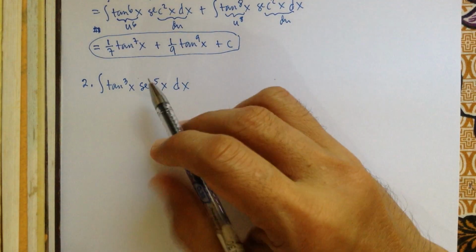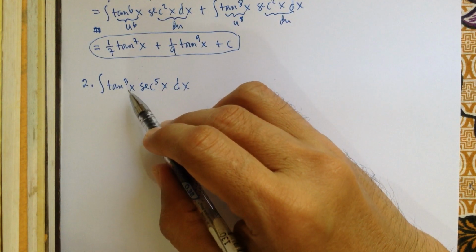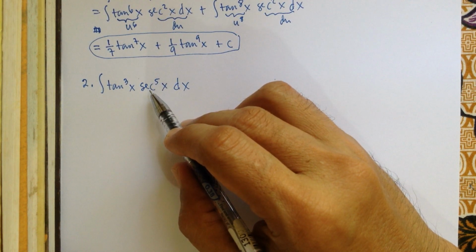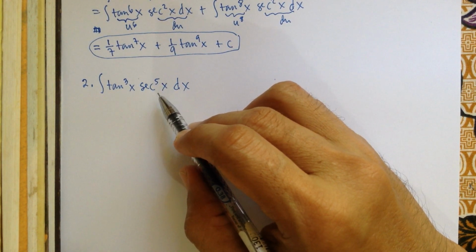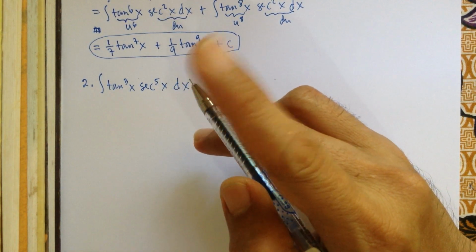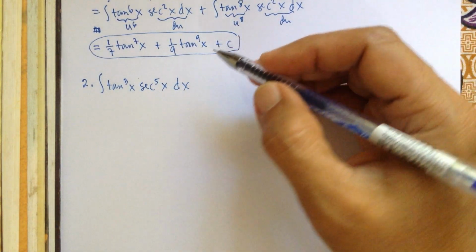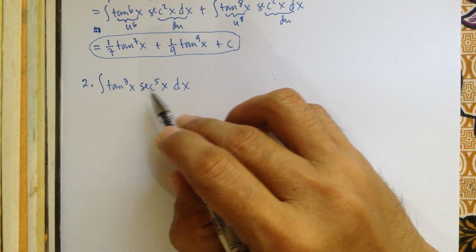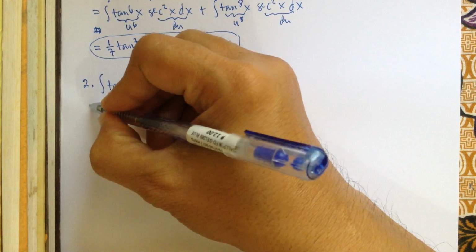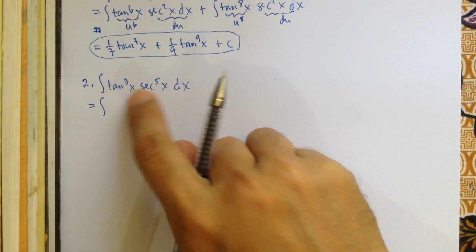Okay. When the exponent of your tangent is odd, then we will use secant as our u. But if your u is secant, the derivative of that, which is du, is secant x tangent x. So that means that we will separate from this expression our du, which is secant x tangent x, which we can easily obtain from tangent and secant.